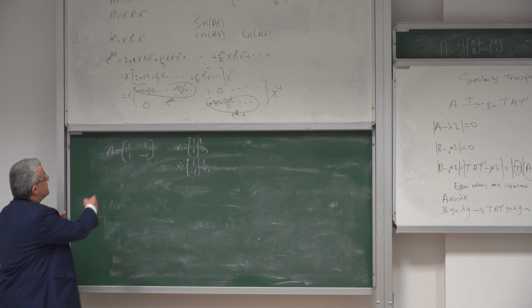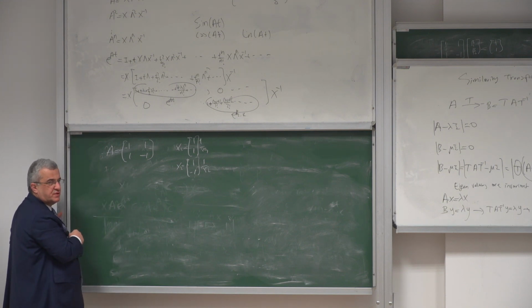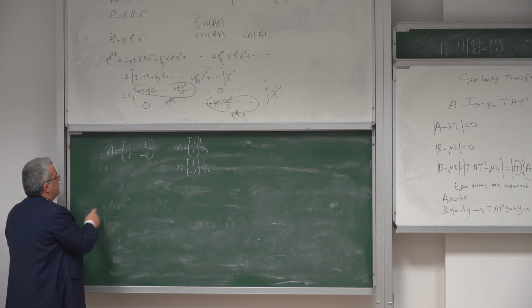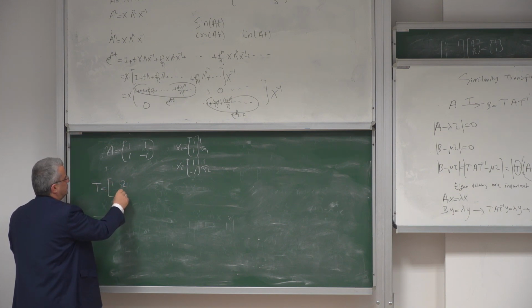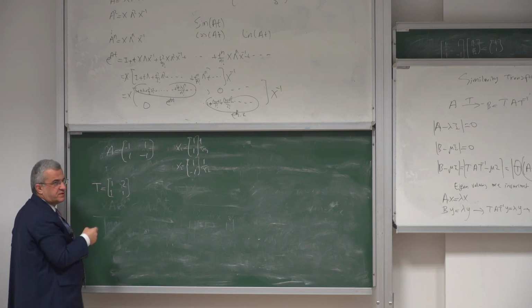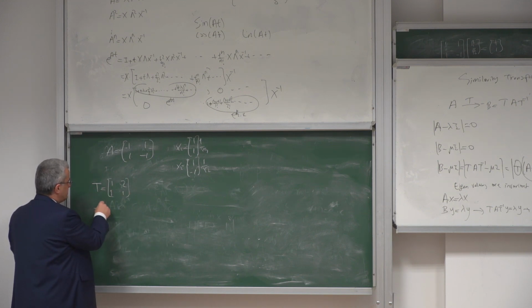Okay, so let's make a similarity transformation on this. Let's say T is 1, 2, 1, 1. Okay, any matrix. What is T inverse? Determinant is 1 minus 2, which is minus 1.